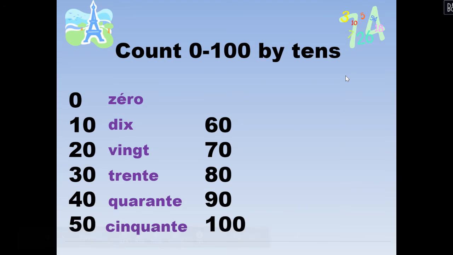Cinquante, I know it's hidden right there, has cinq at the beginning, right? Soixante, if you took the O out of there, it looks like 6. So then you have 70, 80, 90, which you actually don't learn a new number for. You're just adding them together. So watch this. Soixante-dix, right? 60, 10.